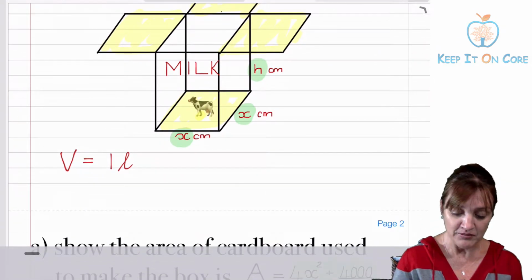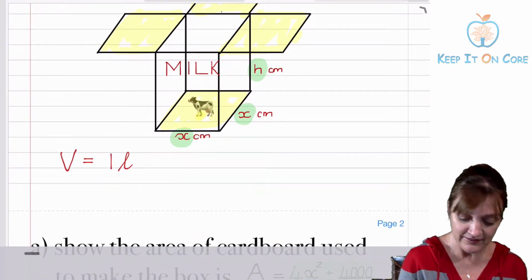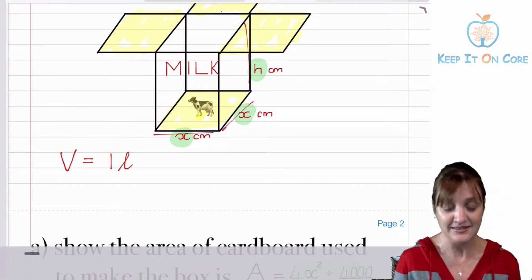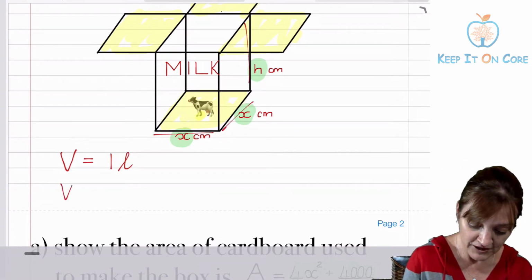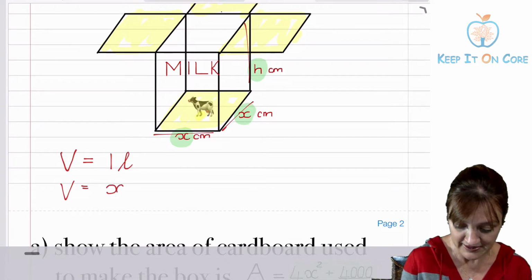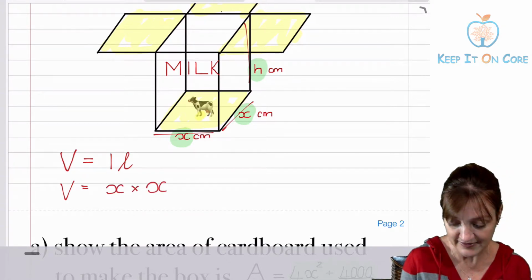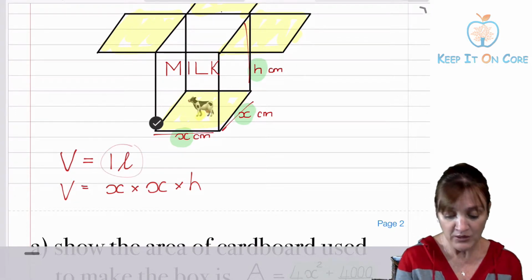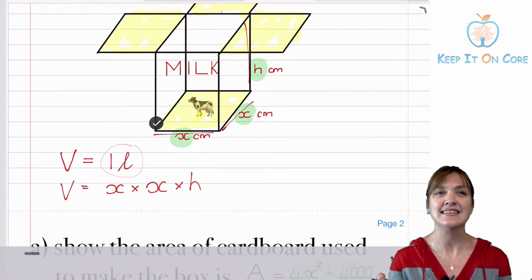Now, the volume of a rectangular prism like this would be the length times the breadth times the height. So for the volume of this box, I would take my x times my x times my h, the volume being 1 liter.